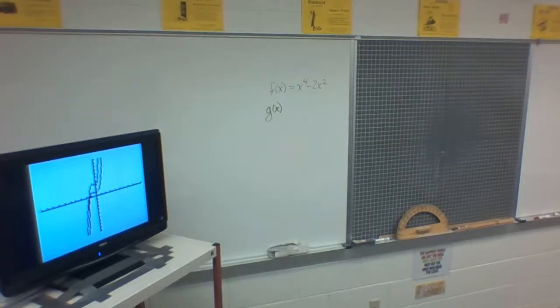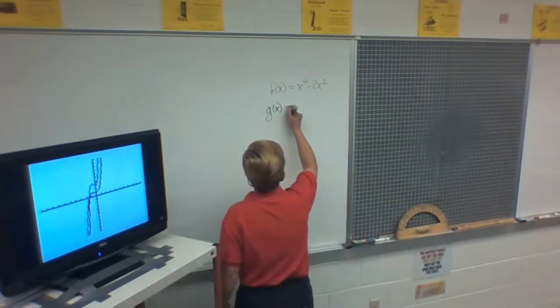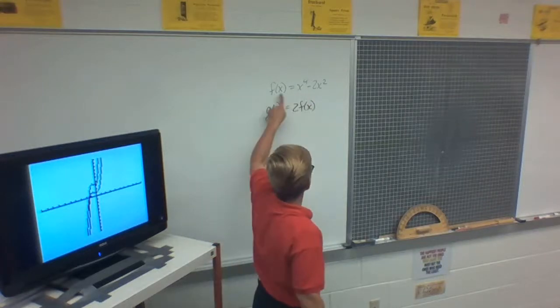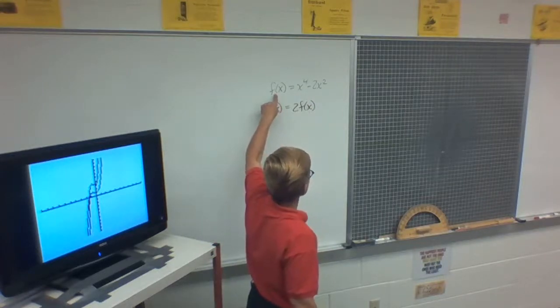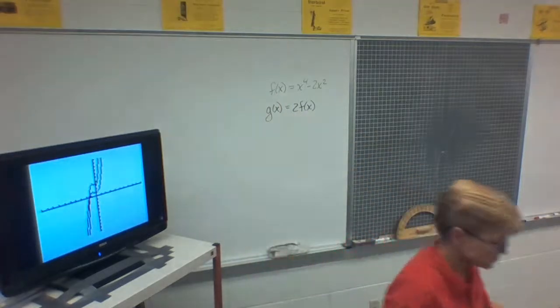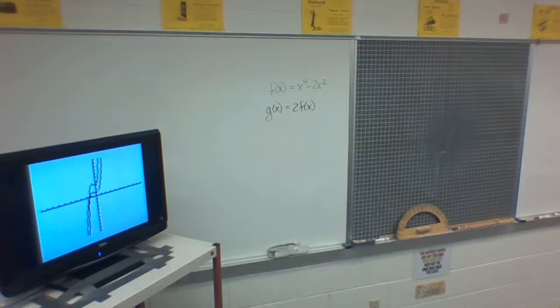It says, let the graph of g be a vertical stretch by a factor of 2. I'm not doing it to this yet. I'm only doing it as a generalized transformation of f. Do you see what I did there? Vertical stretch of 2. Okay. Followed by a translation 3 units up.